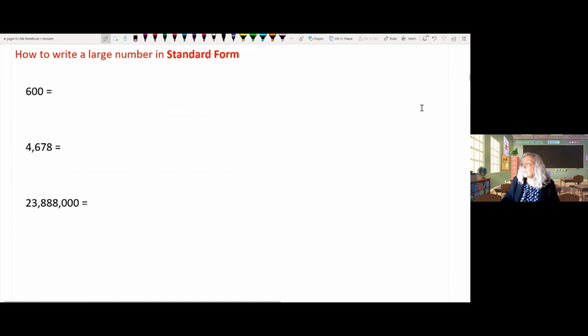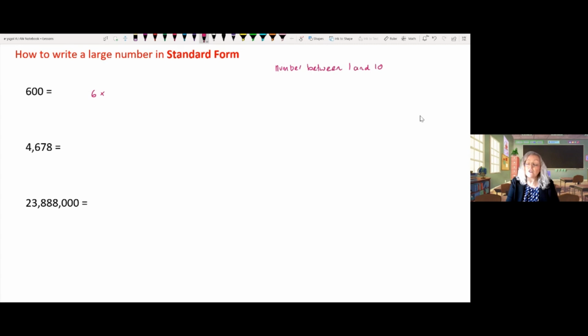Okay, so how do we write a large number, first of all, in standard form? The first number I've got here is 600, and I need a number between 1 and 10 first. Looking at this, I need 6. I can't change the digits, so I need 6 here. Then I have to multiply that by something.